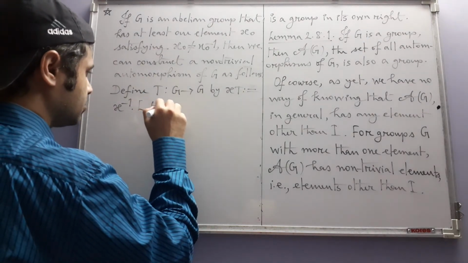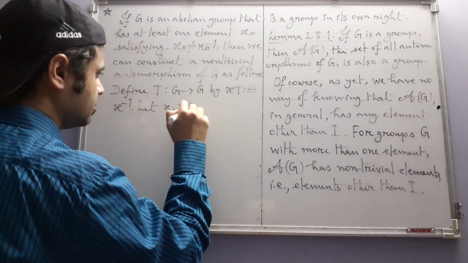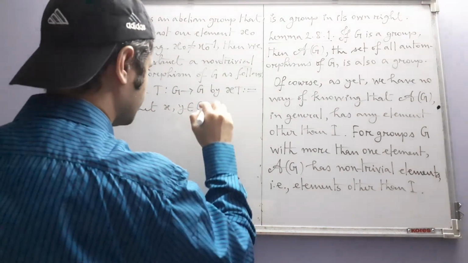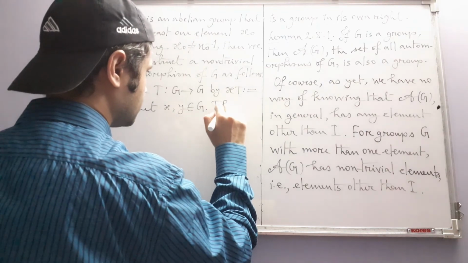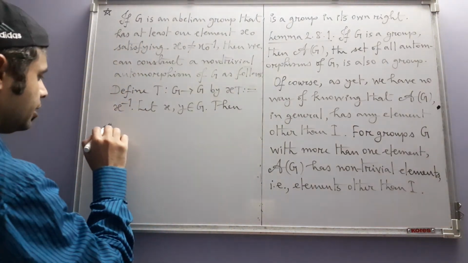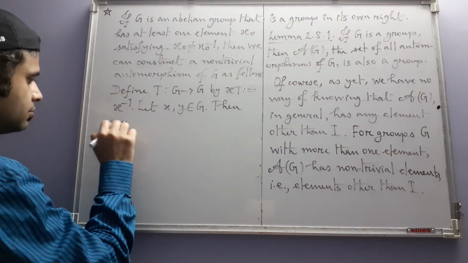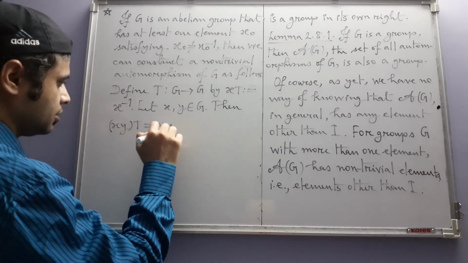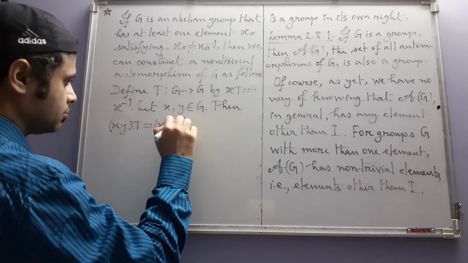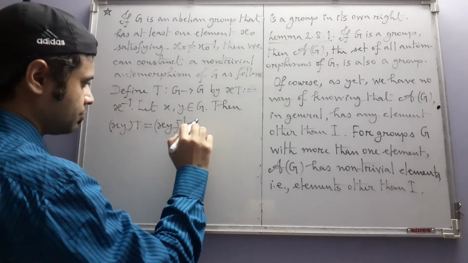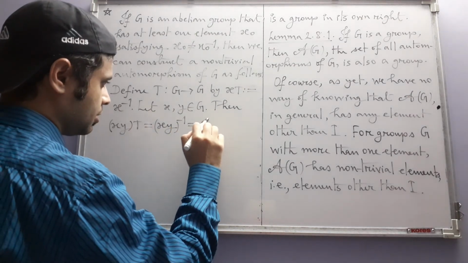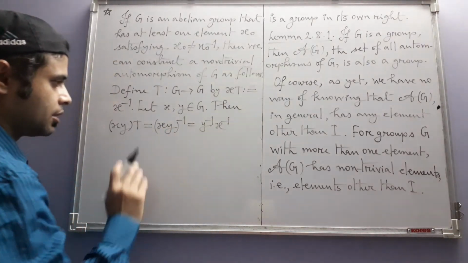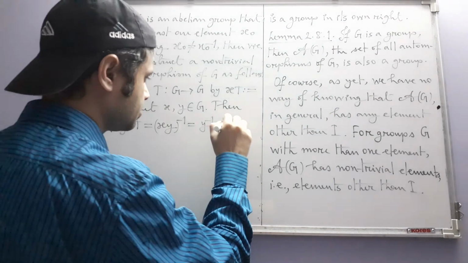Let x and y belong to G, then (xy)T is, by the definition of T, the inverse of xy, which we already know from elementary properties of a group is equal to y inverse x inverse.